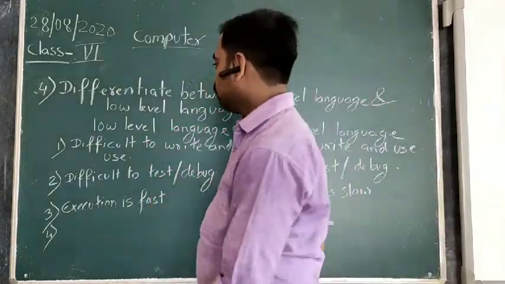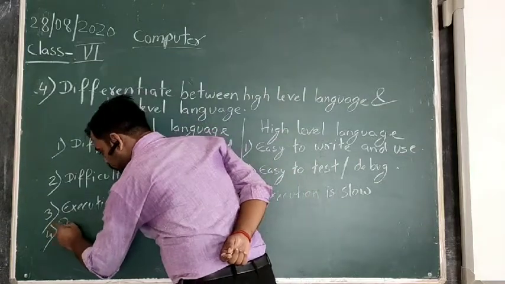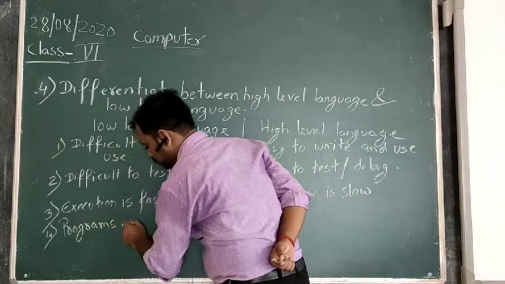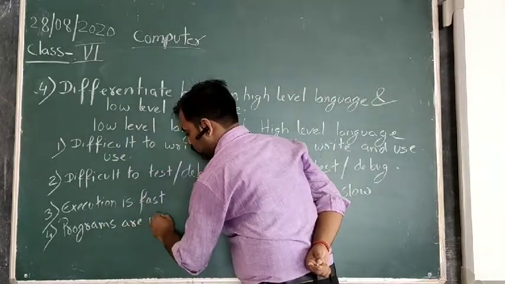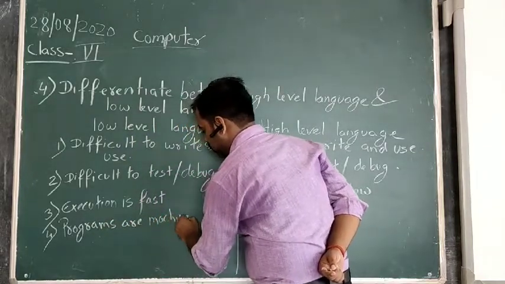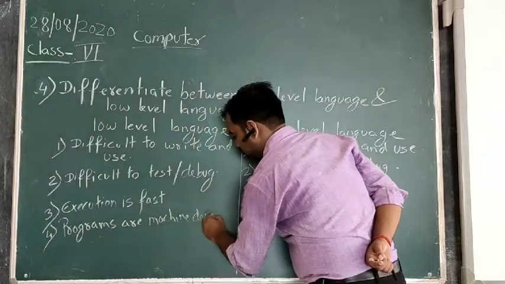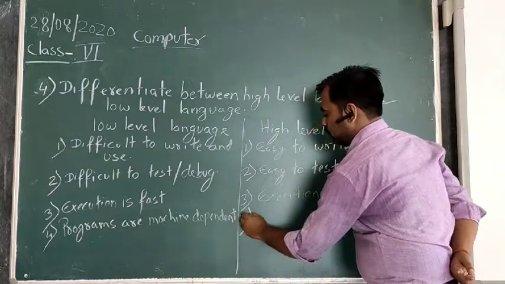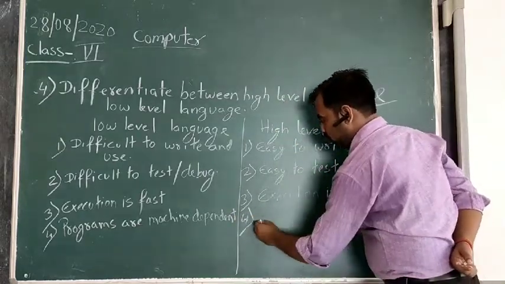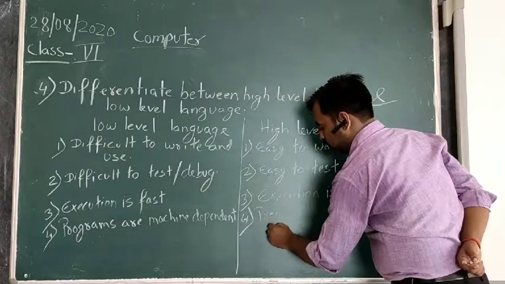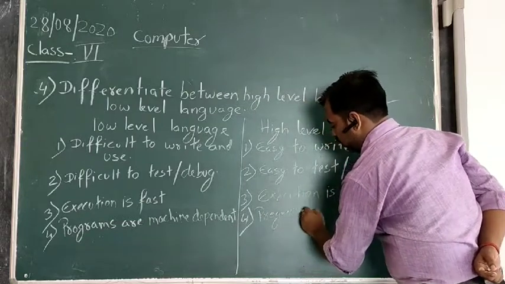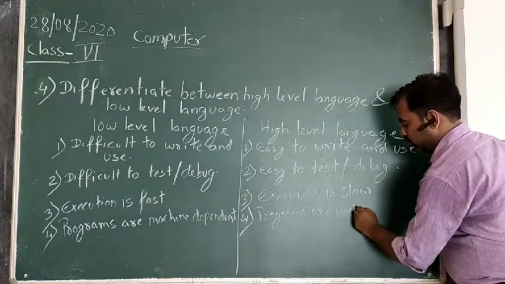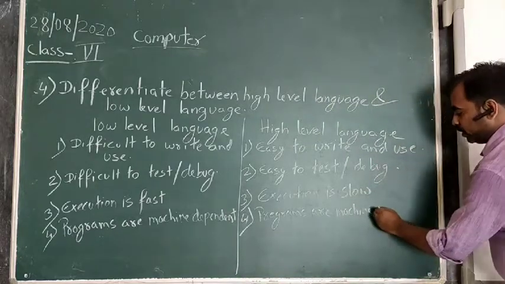Okay, so low level language programs are machine dependent, whereas if we talk about high level language, programs are machine independent.